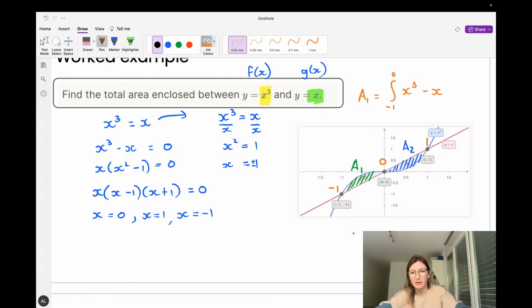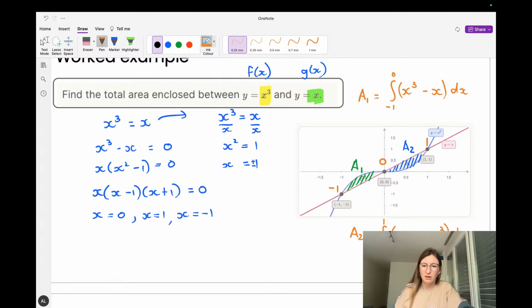And then for my area 2, I'm going to have the integral from 0 to 1. And now my red graph is on top, so it's x minus x cubed. Don't forget a little dx on everything. So you can see the differences there.